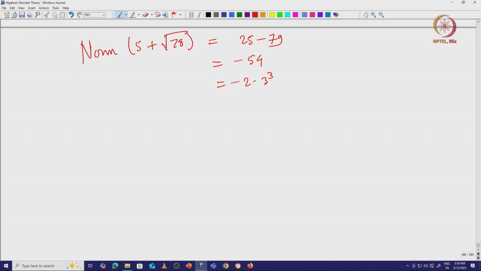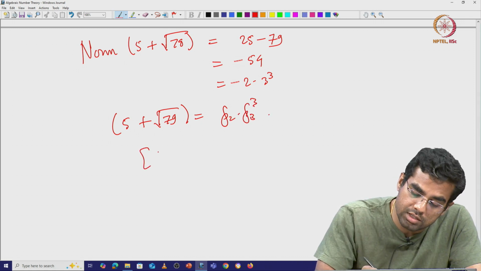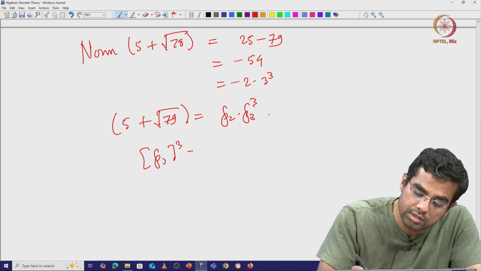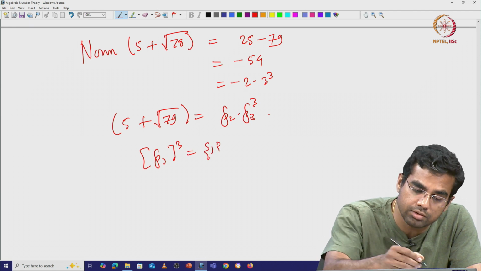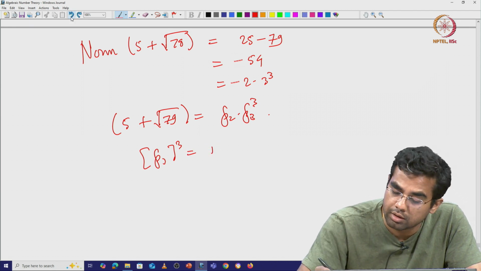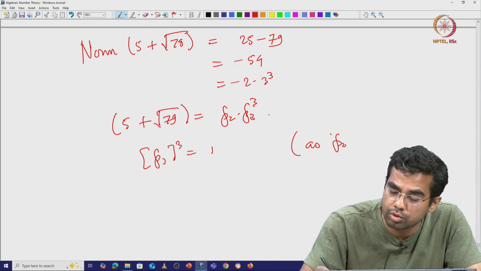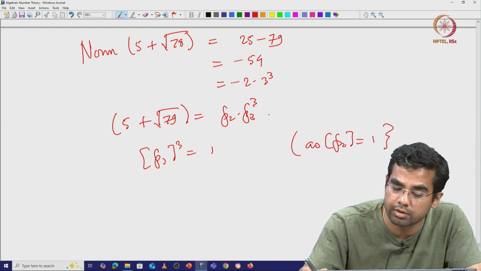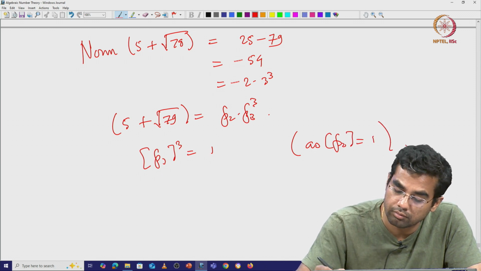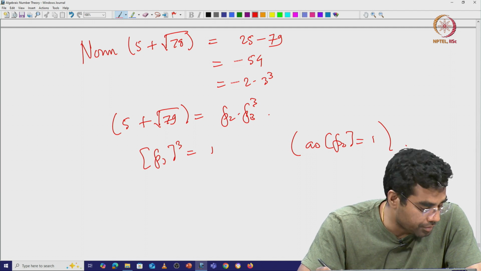Forget about the previous thing that I said, and I rename so that this becomes P2 times P3 cubed. So this means that P3 cubed is 1 in the class group, as the class of P2 is already 1, we know that.